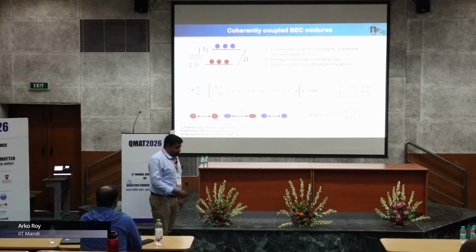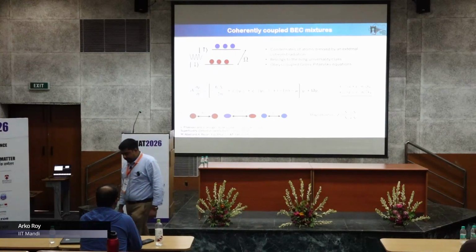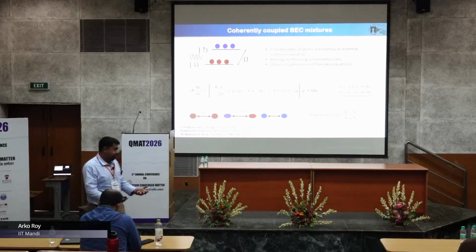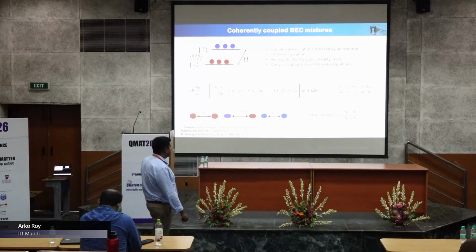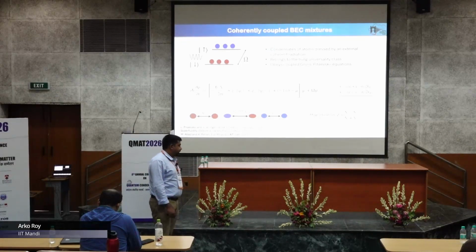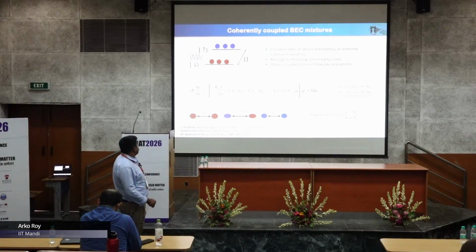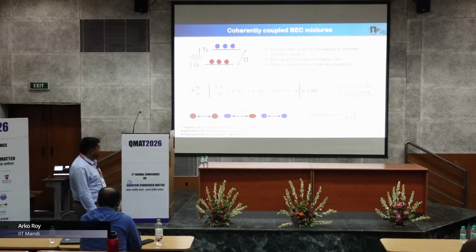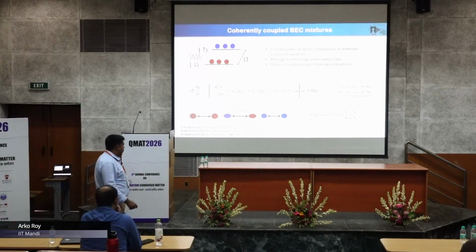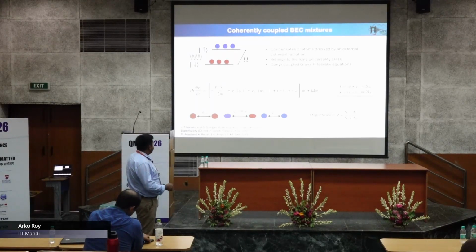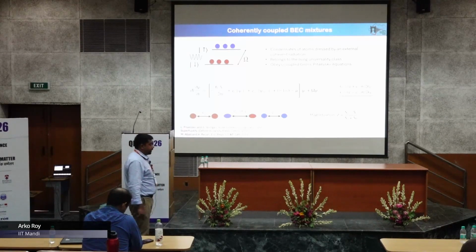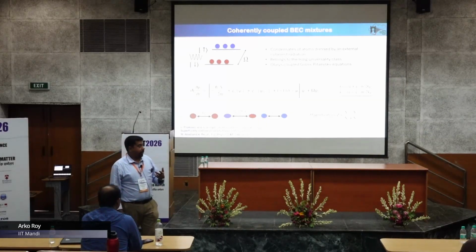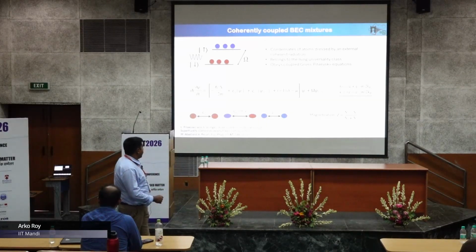So now for this, as I was telling, the system that has been used to experimentally observe this false vacuum decay is a coherently coupled condensate. Compared to the system that I was considering earlier, which was a binary condensate, now these binary condensates are loaded in two hyperfine states, and these two hyperfine states are coupled by a linear coupling term of strength omega.